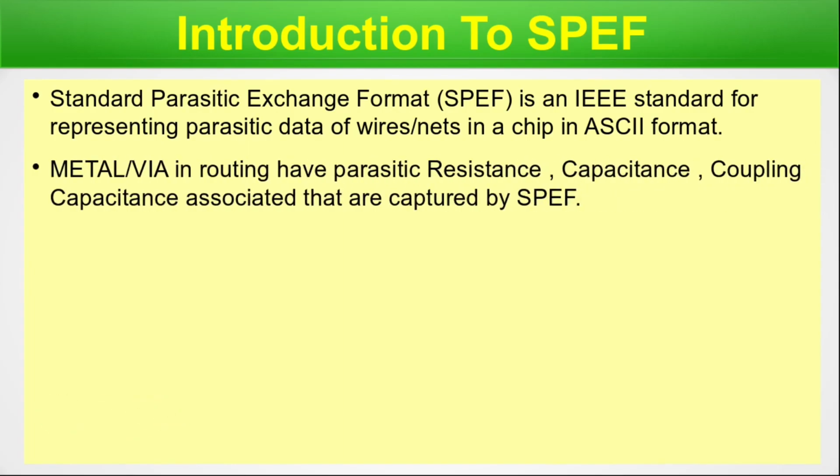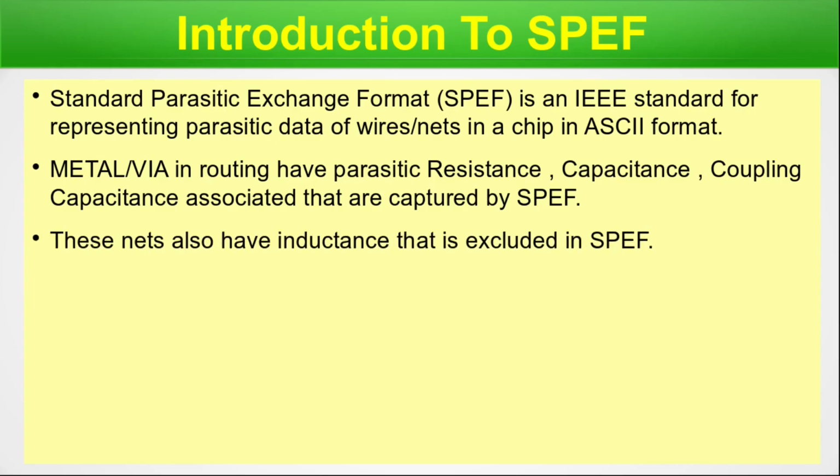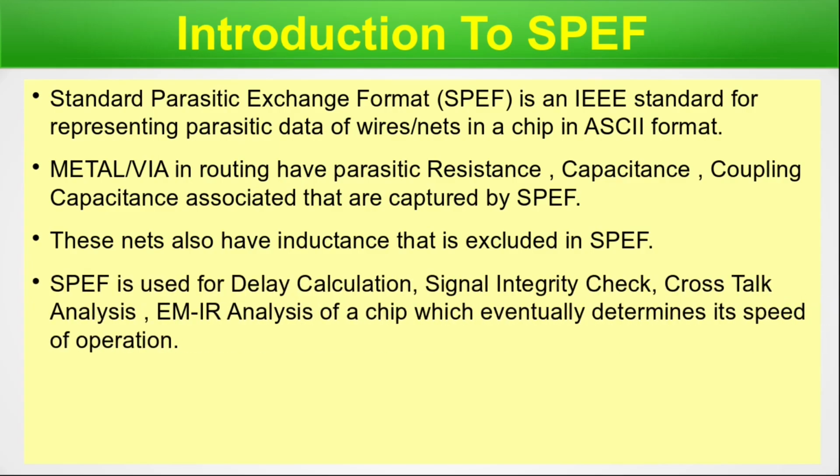Metal or via in routing have parasitic resistance, capacitance, coupling capacitance associated that are captured by SPEF. These nets also have inductance that is excluded in SPEF. SPEF is used for delay calculation, signal integrity check, crosstalk analysis, EMIR analysis of a chip, which eventually determines its speed of operation.